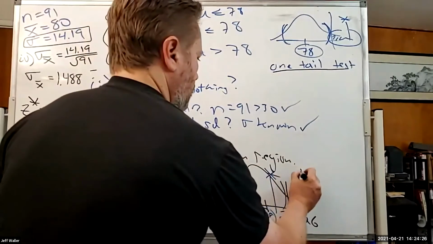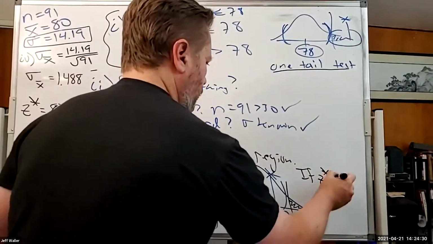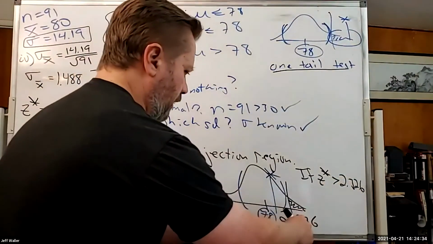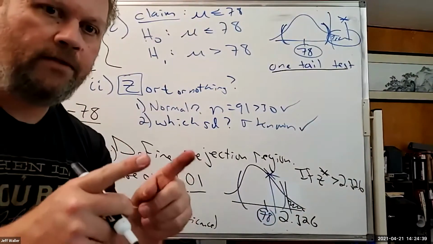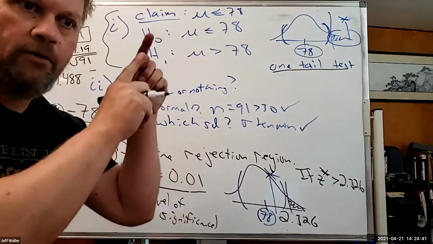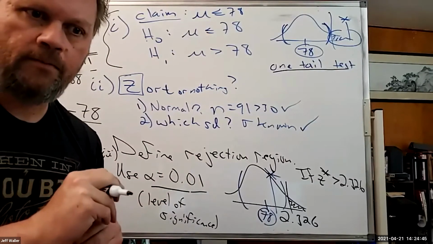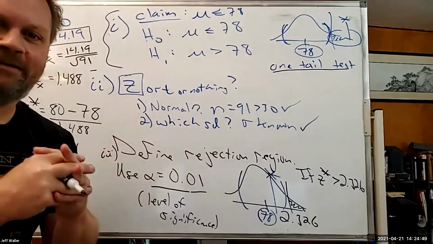So let me ask you this. If we would have gotten a Z star that was greater than 2.326, what would that have been evidence of? That who is wrong? The alternate? No. Where's the null?